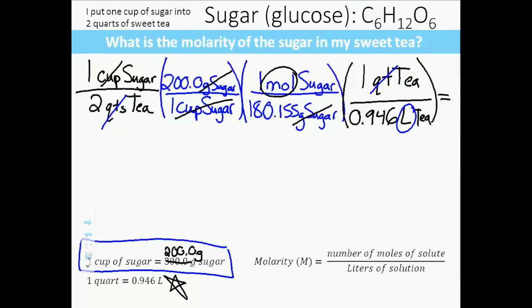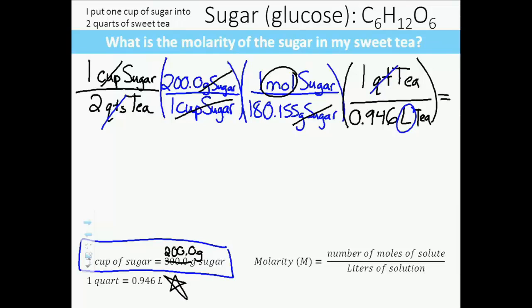Make sure we type this all into our calculator appropriately. So make sure you do in fact use parentheses or correct order of operations in order to solve. So we've got 200 divided by 2. Divide that by 180.155. Divide that by 0.946.